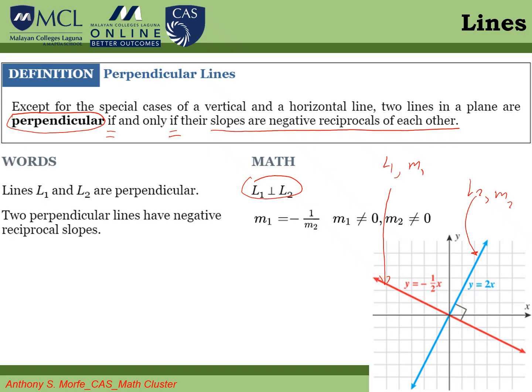Alright, so it says that their slopes are negative reciprocals of each other. So it means, class, if the slope of line 1 is M1, the slope of the other one is negative 1 over M1.